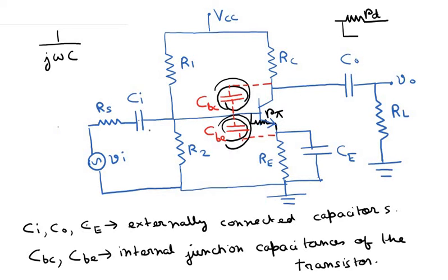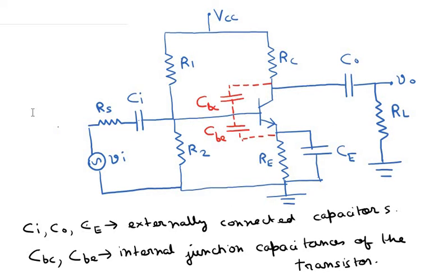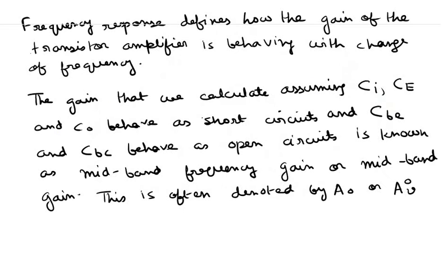On the other hand, Ci, Ce and C0 are larger, and that is why they behave as short circuits at the considered frequency. Now the range of frequency over which this consideration is valid is known as the midband frequency.